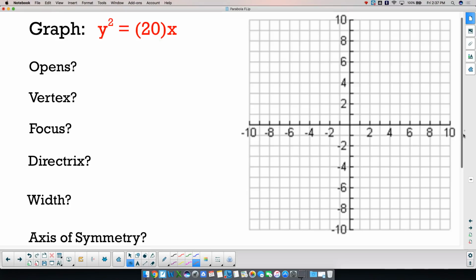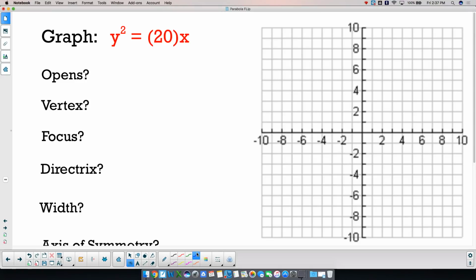That was our first step. So because I am squaring y, the y squared part tells me that it opens left or right.